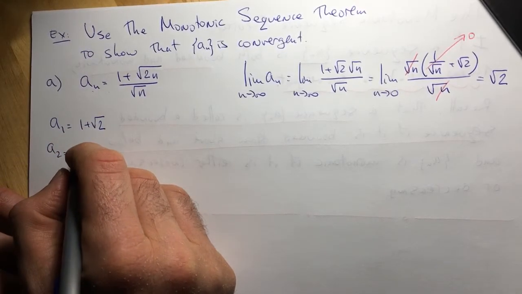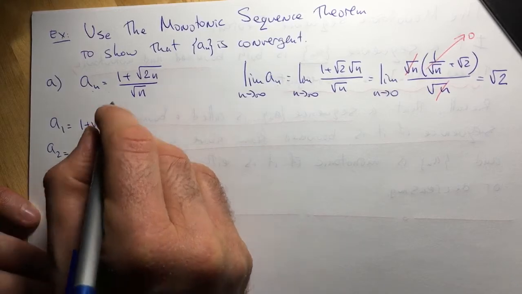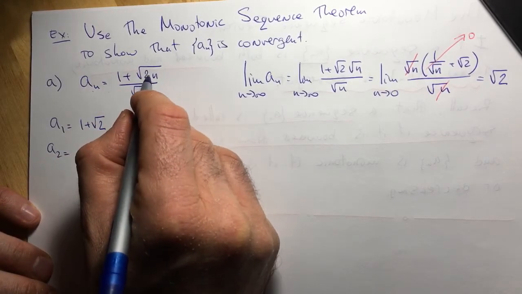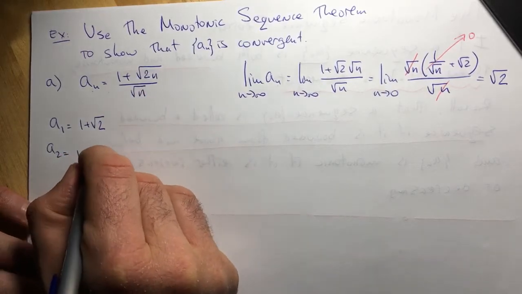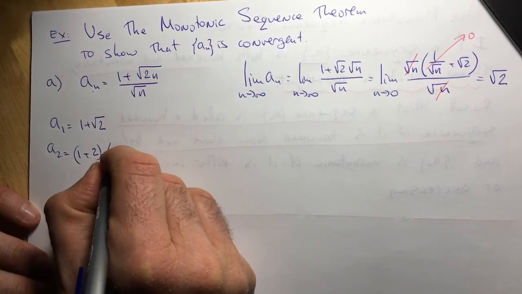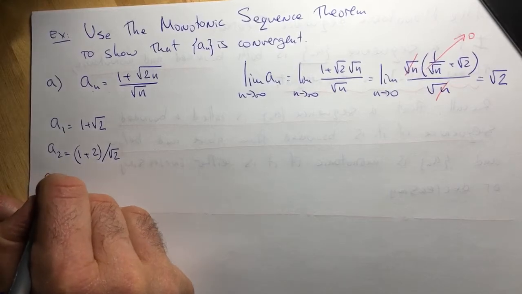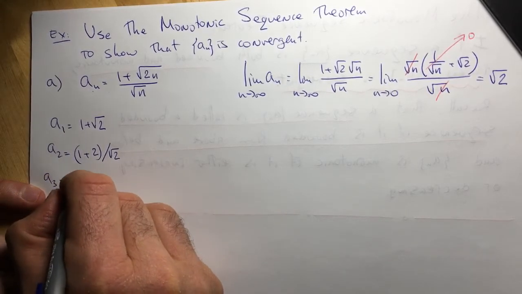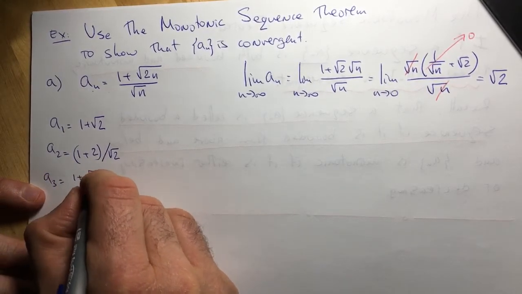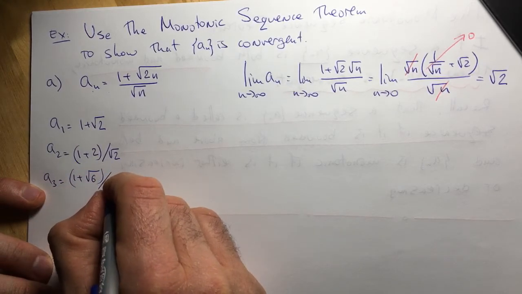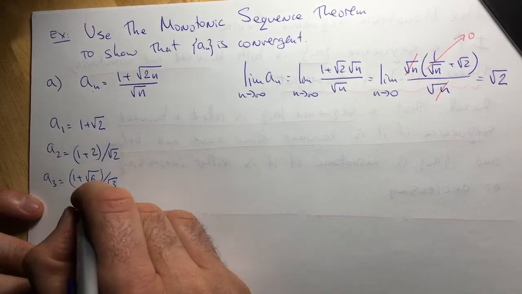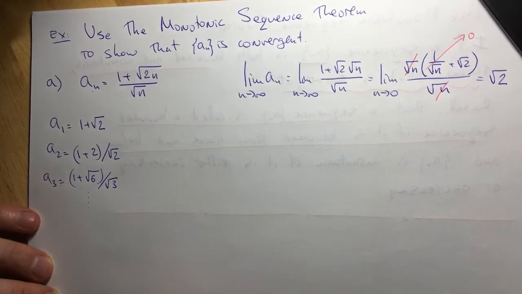A2 is going to be 1 plus, when n is 2, 2 times 2 is 4, so square root of 4 is 2, over square root of 2. A3 is equal to 1 plus square root of 6 over square root of 3, and so on and so on.